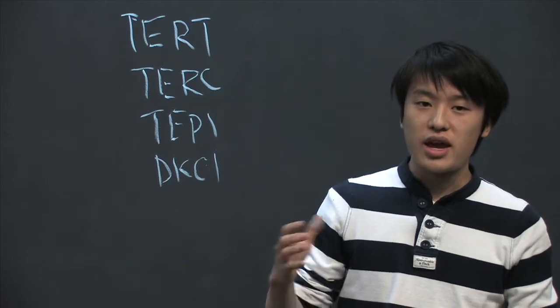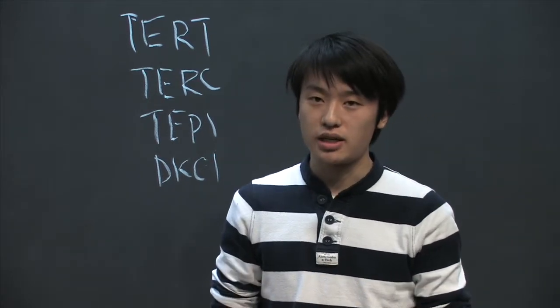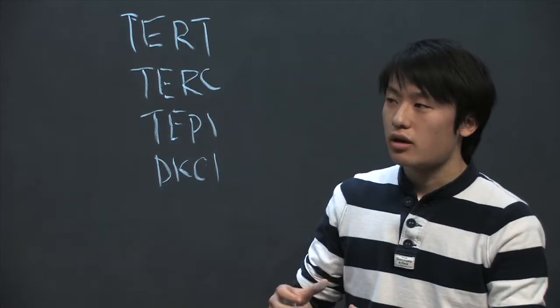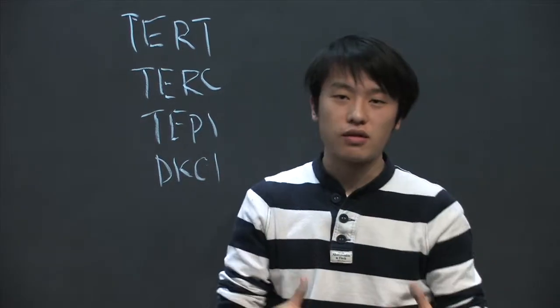In cells, there's a mechanism in which chaperone proteins or helper proteins will come and assist the folding or the aggregation of these subunits into a functional protein.